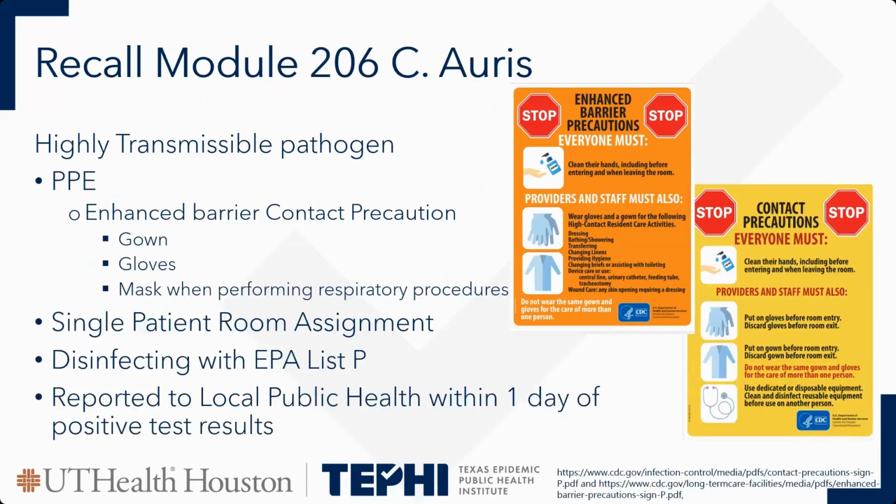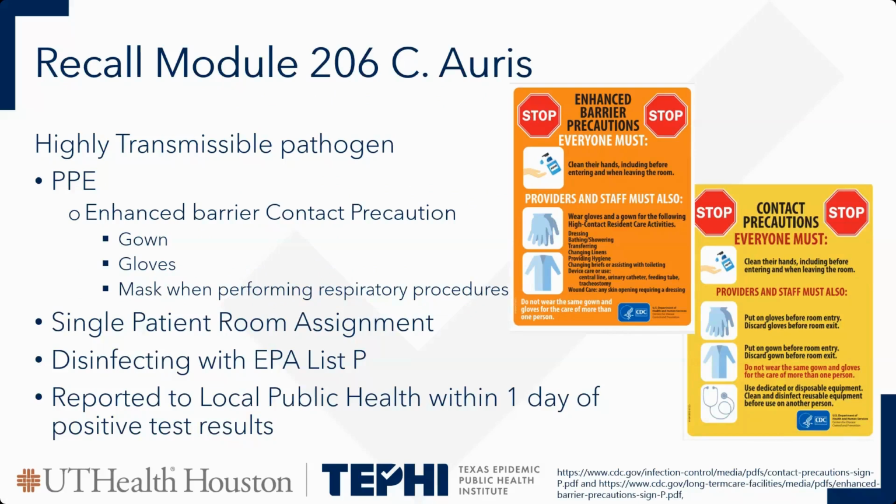As we recall, if not all of you attended last month's lecture, C. auris is a highly transmittable fungus, a yeast pathogen. It requires enhanced barrier precautions, gown, gloves, mask. The CDC recommendation is a single patient room. We need to disinfect specifically with EPA List P products. And for Texas, it is a notifiable condition.